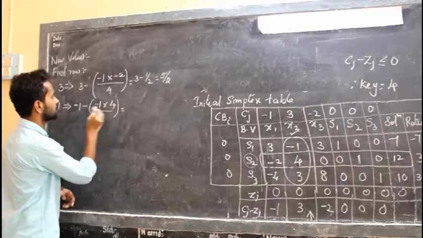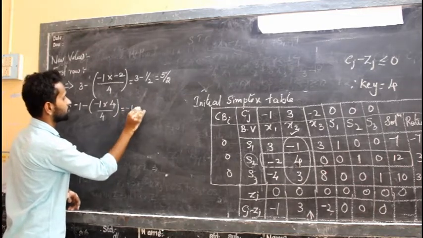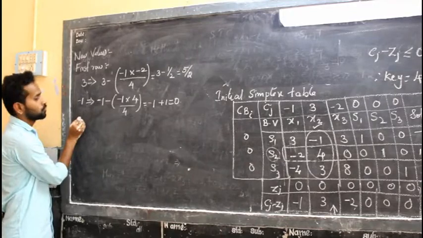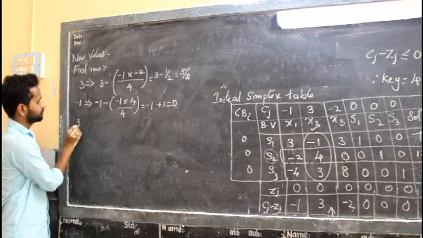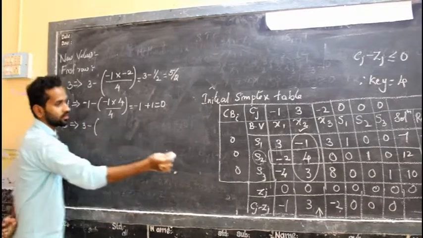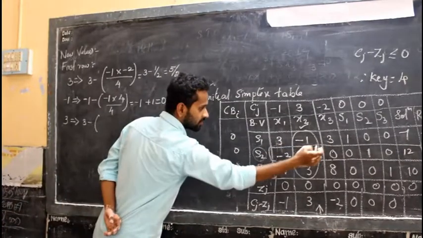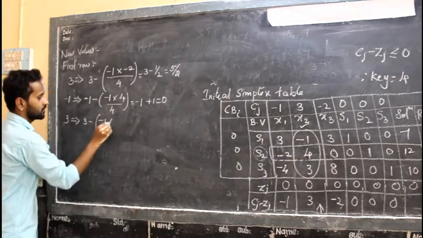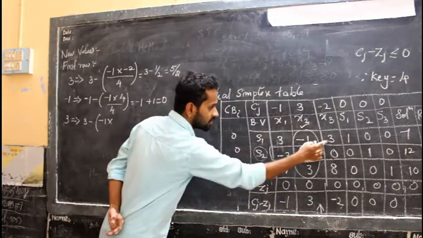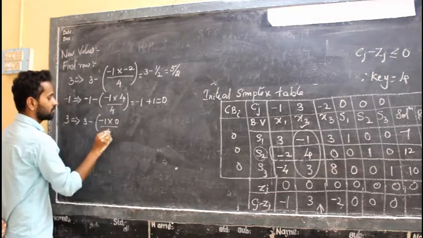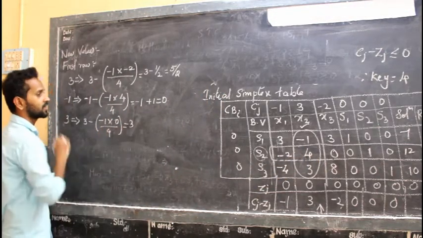This gives you minus 1 plus 1 equal to 0. Next value 3. For 3 again, 3 minus key corresponding column value, key is this, corresponding column value is minus 1 into, for 3 key corresponding row value is 0 divided by 4, written as 3 again.